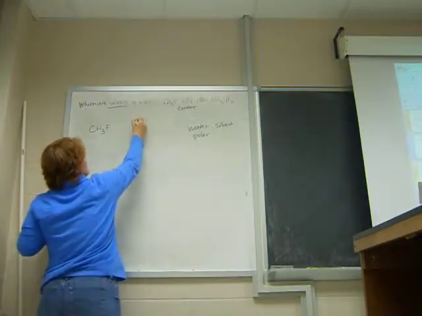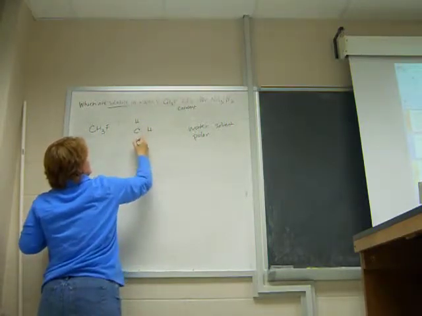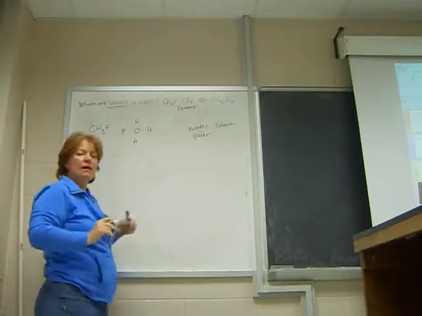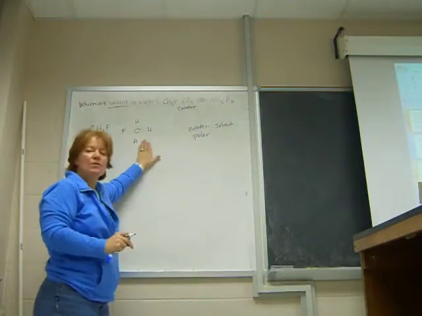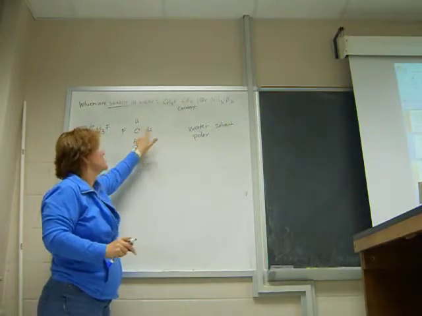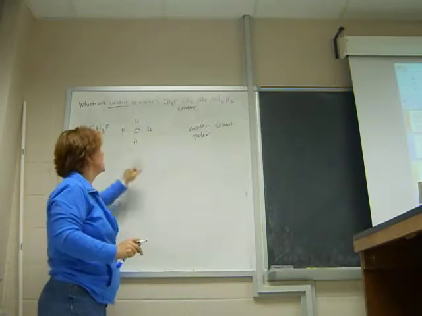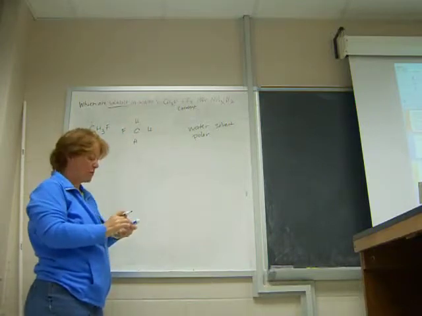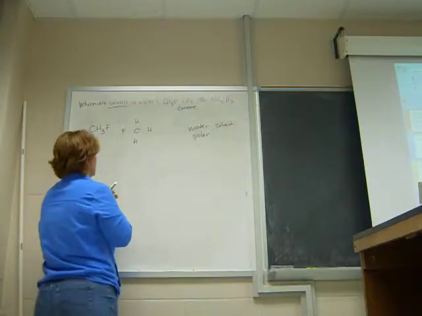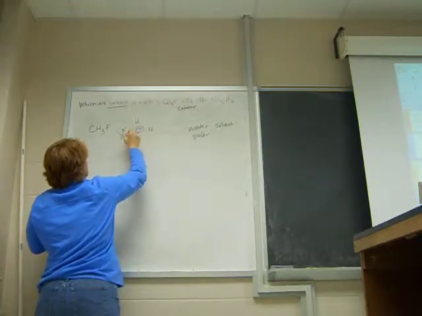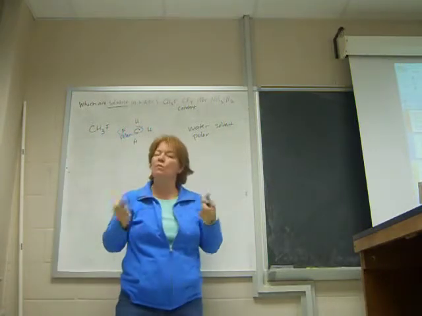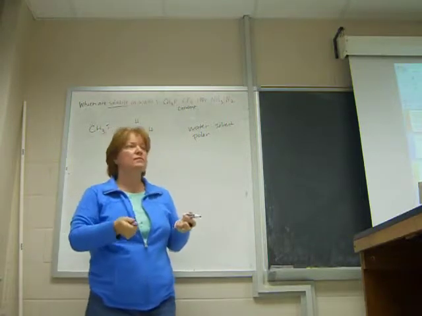So this should be something like carbon with hydrogens and fluorines around it. I'm not going to draw the full Lewis structure if I can get away with not doing so. I know that carbon-hydrogen is a nonpolar bond. I've memorized that. I know that carbon-fluorine is a polar bond. So I know I have a polar bond. The question is, is that enough for the whole molecule to be polar? And the answer is sometimes.